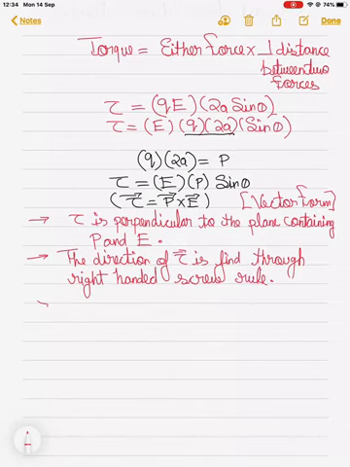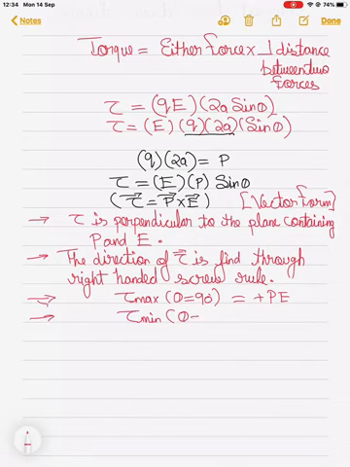And we are dealing with the condition, that is, when torque is maximum. So torque is maximum when theta is 90, and sin 90 will be 1, so this value will be PE. Similarly, for the minimum value of the torque, we have to consider theta to be 0 or 180.